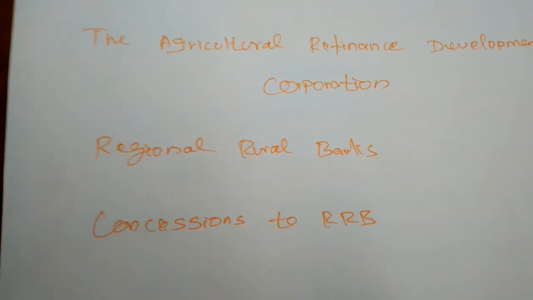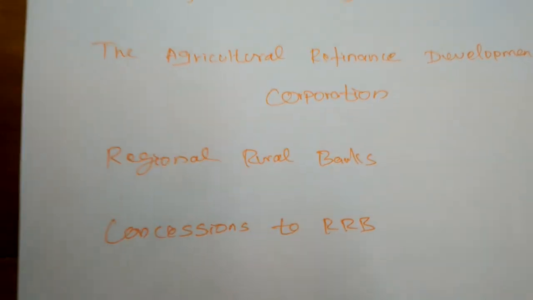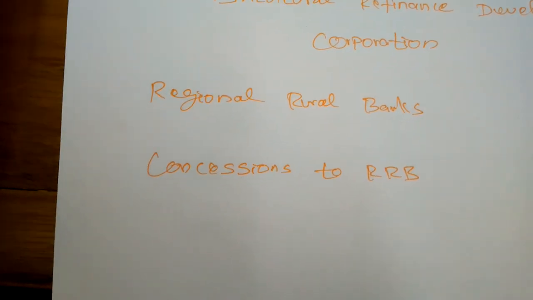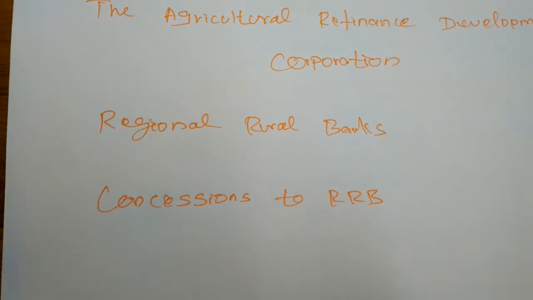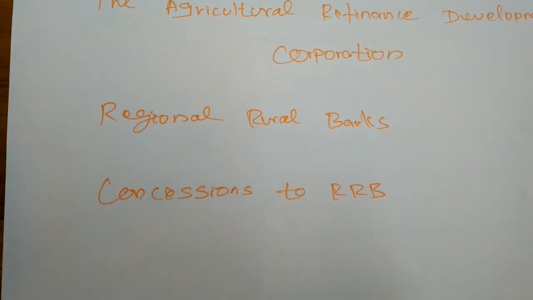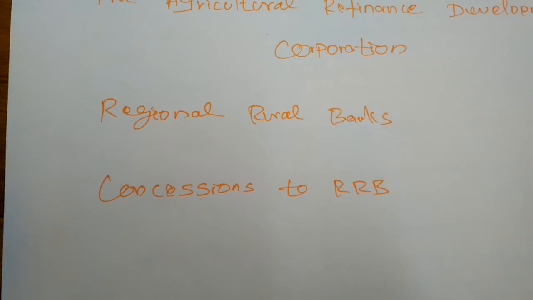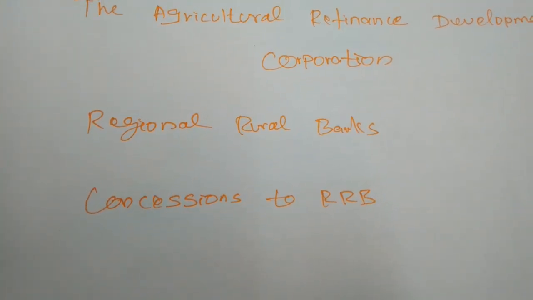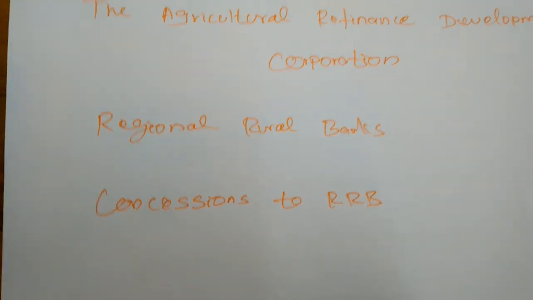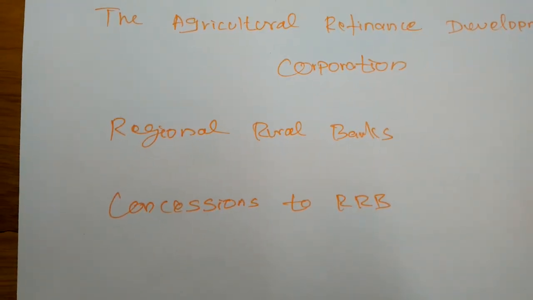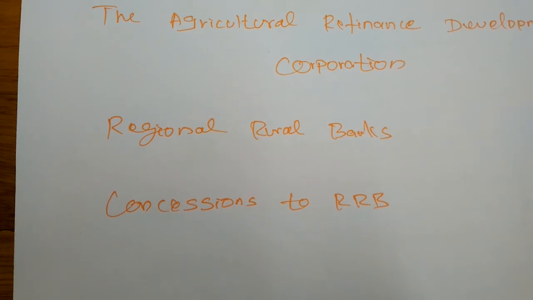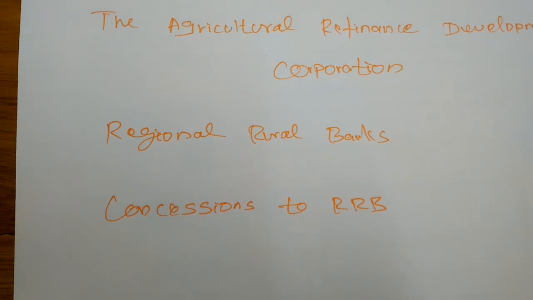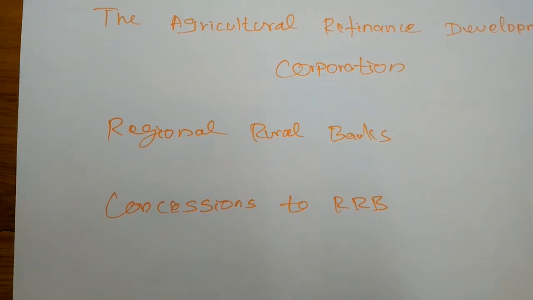Many people in rural areas are dependent mostly on agriculture, so they need long-term and medium-term loans. The agricultural refinance development corporations provide long-term and medium-term loans to the farmers with the aim of bridging the gap in agricultural finance and extending credit for projects involving agricultural development.